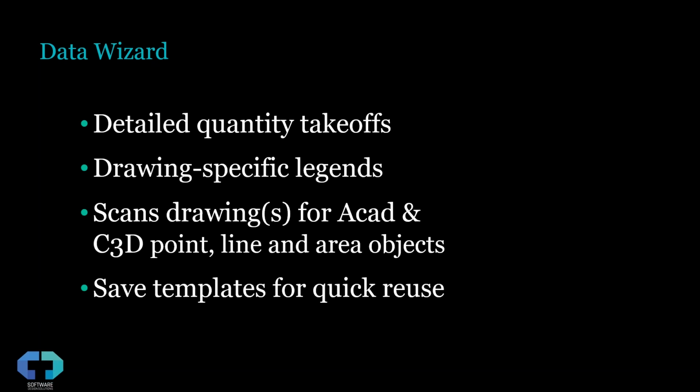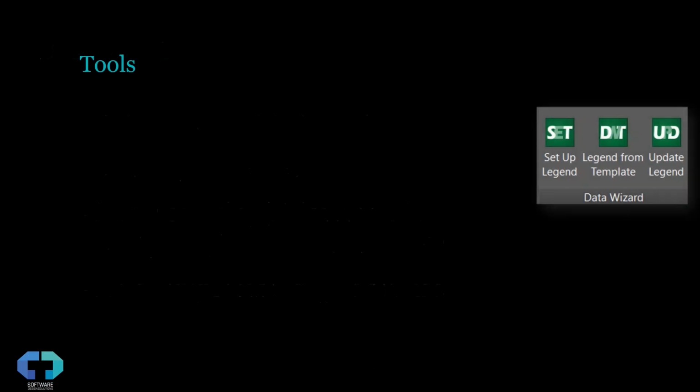There's a lot of settings on how you scan these drawings, what you scan for, and what information you're pulling from those objects, and with that you can save templates for particular scan or Data Wizard execution types, maybe it's your site plan quantities, maybe it's your demo plan legend, you name it. There are different setups of Data Wizard you'd want to be able to execute on, and you can save all that to separate templates that you provide to different users.